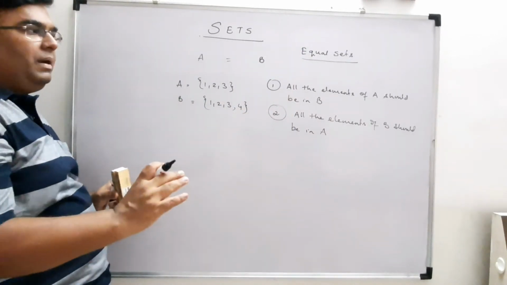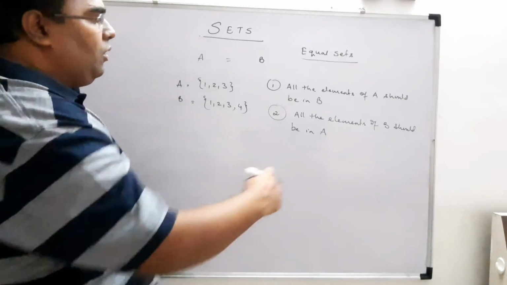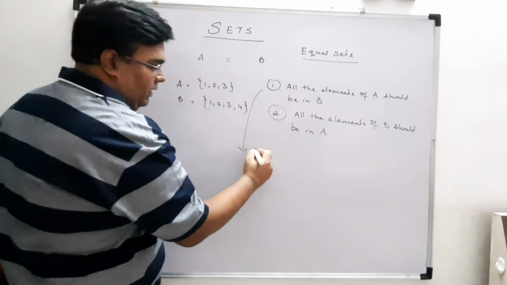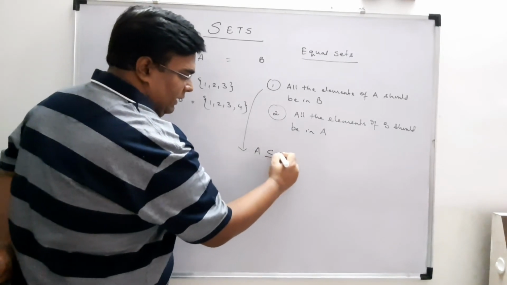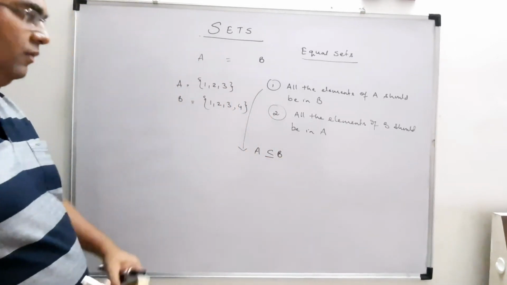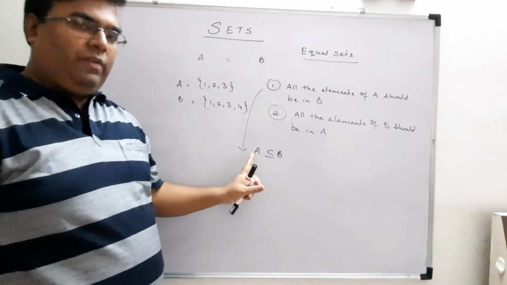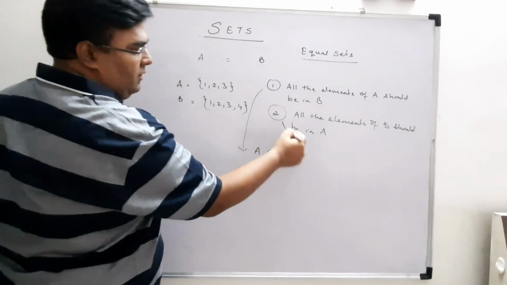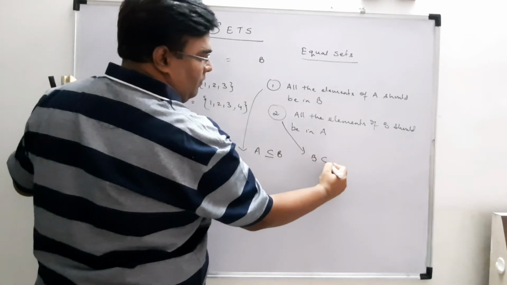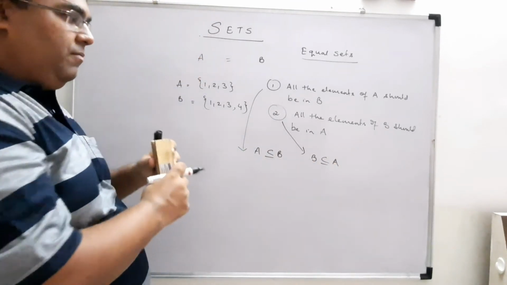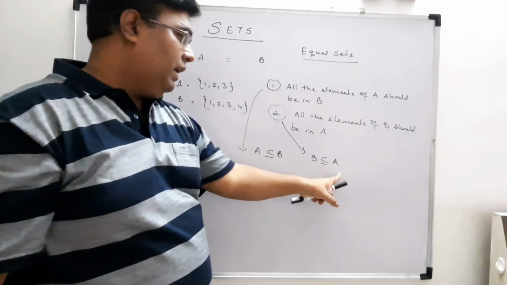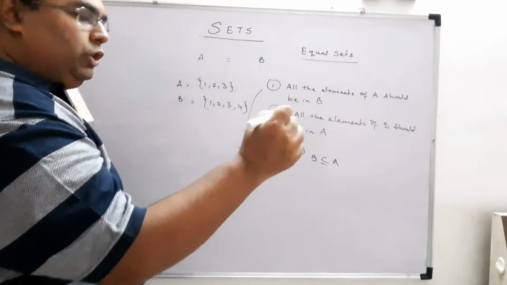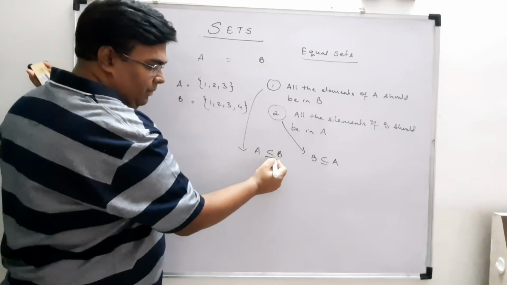Now we have a mathematical notation for this. Okay, how do we write this first statement? We write it like this. What is the meaning of this? This means that all the elements of A are also elements of B. And for this we write, all the elements of B are also elements of A. So remember this sign. You can make a horizontal U, and then put another line there.